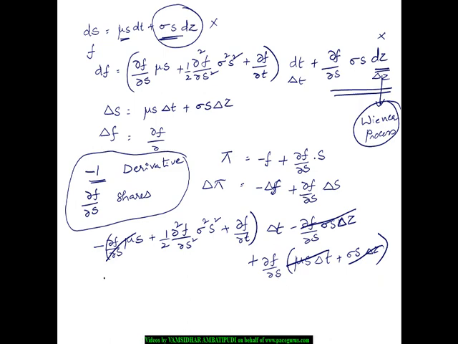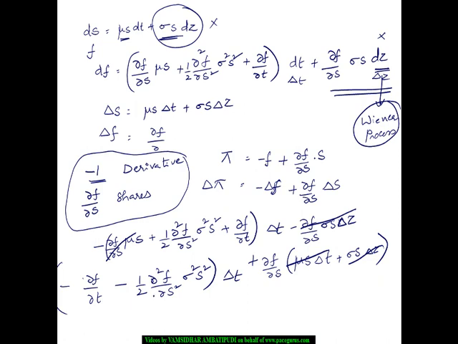Now finally what I am left with is minus dou f by dou t minus half dou squared f by dou s squared sigma squared s squared times delta t. This is what I am left with as the change in the value of the position.